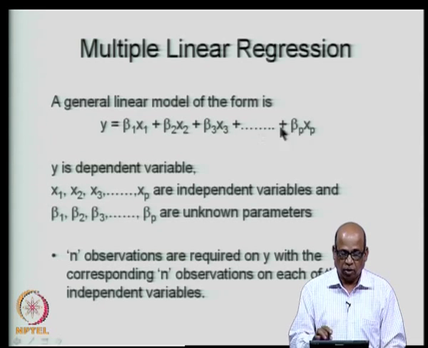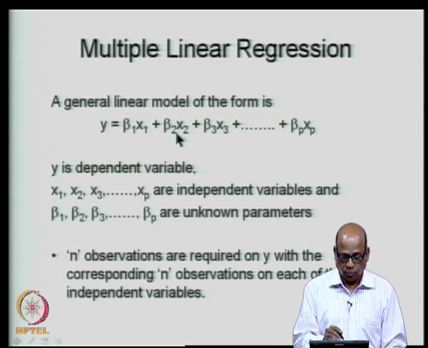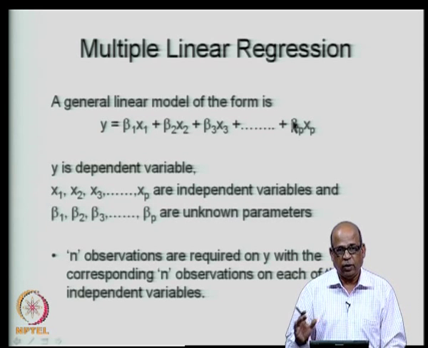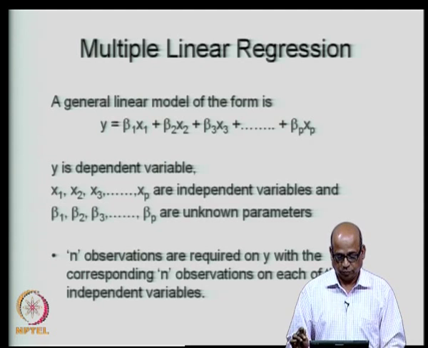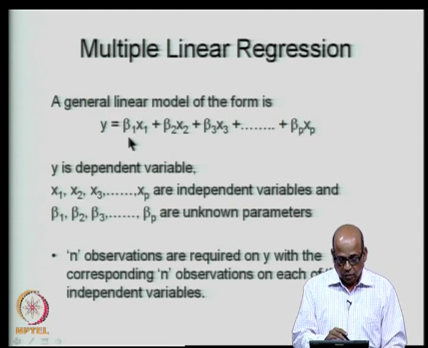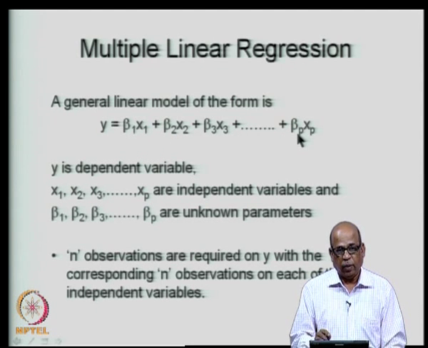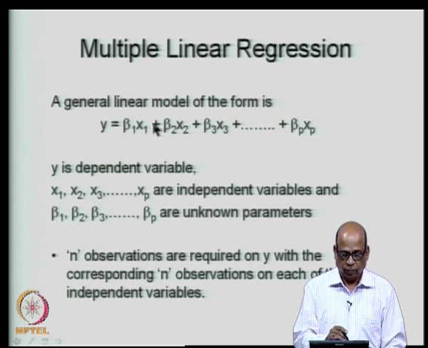Right now, we will assume that they are all uncorrelated. So, x1, x2, x3 etcetera are all independent variables, let us say rainfall, temperature, catchment characteristics in terms of vegetation and so on. The beta 1, beta 2 up to beta p are the unknown parameters for this particular model.